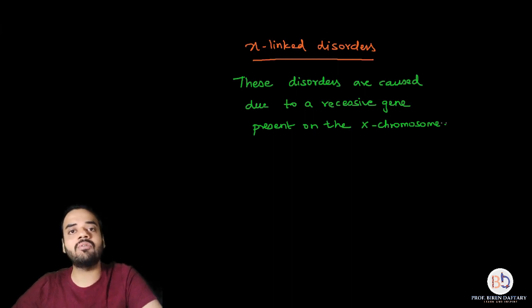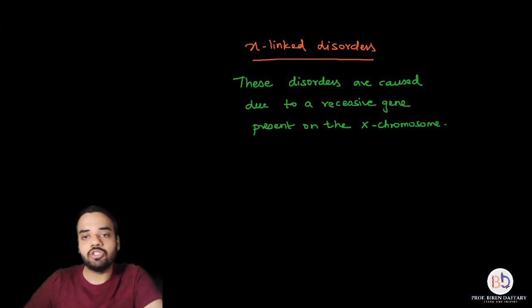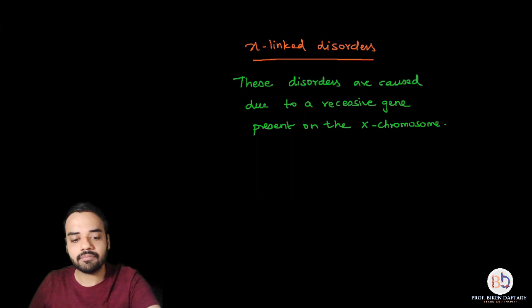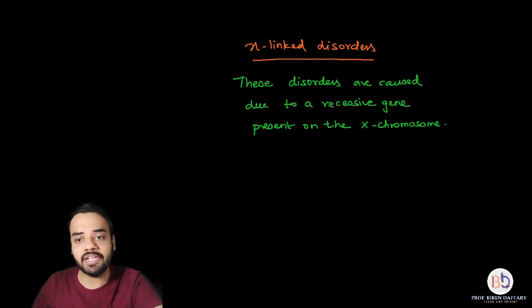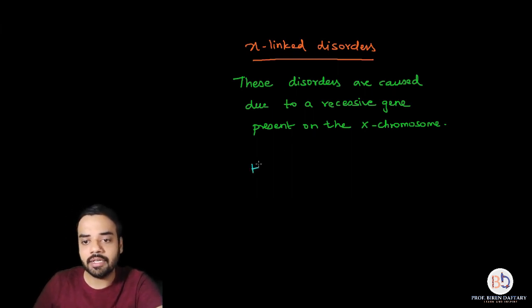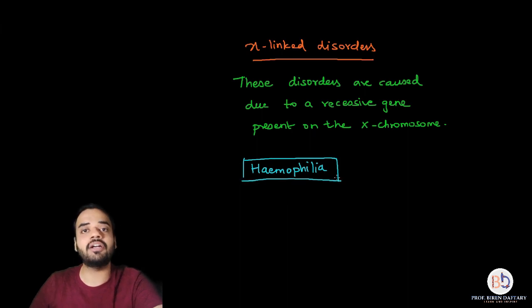Now let us take the example of hemophilia, and let us designate the gene H. Hemophilia is also called the bleeder's disease, wherein the blood does not clot. So now I have got two genes: one is capital H and the other one is small h.